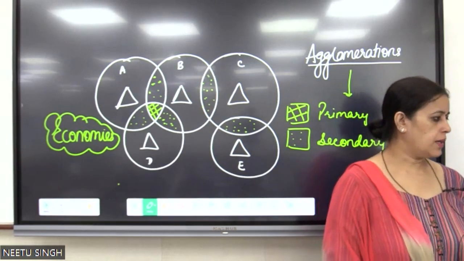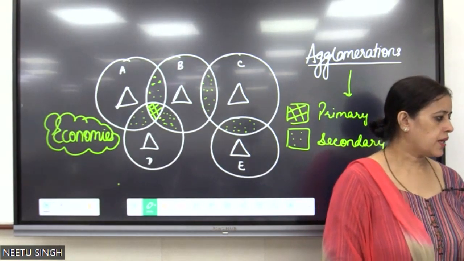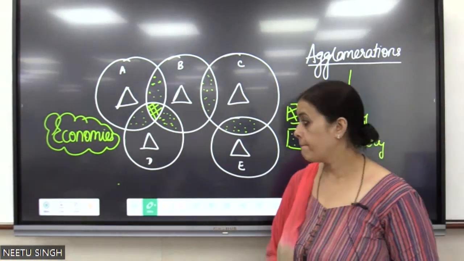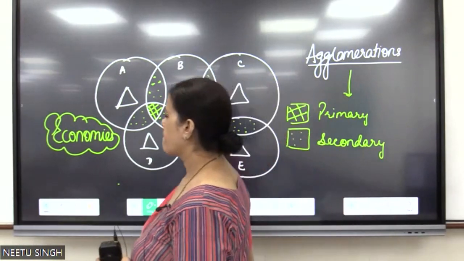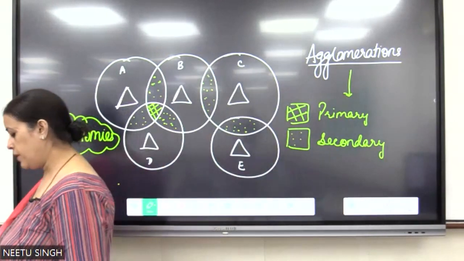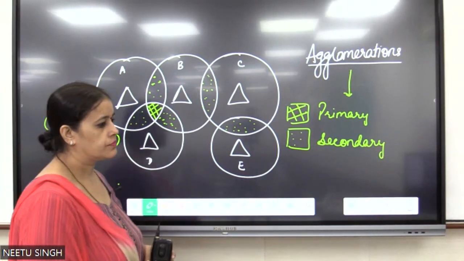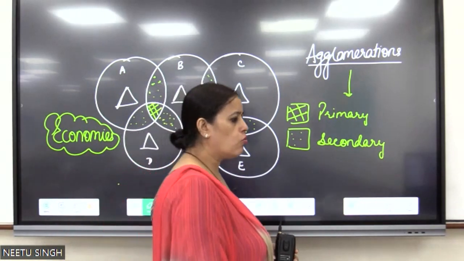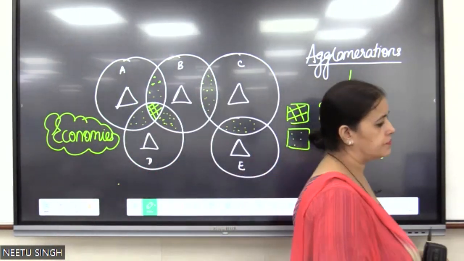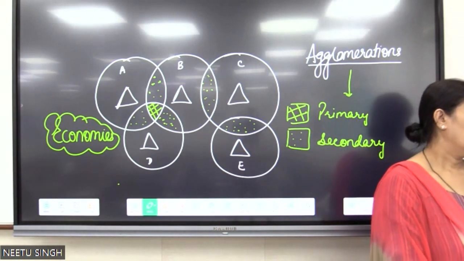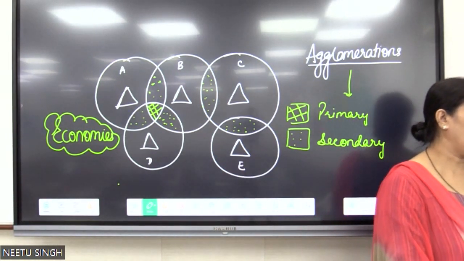Make another sub-bullet point. Secondary agglomeration, underline boldly, with twofold benefits for subsequent industrialization.